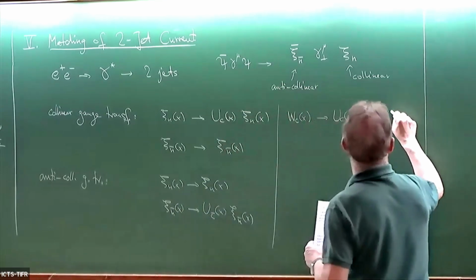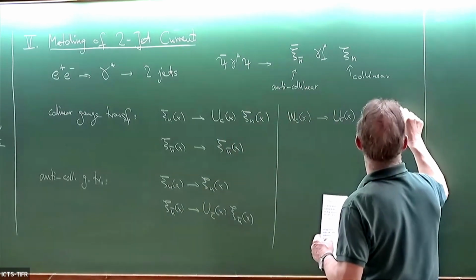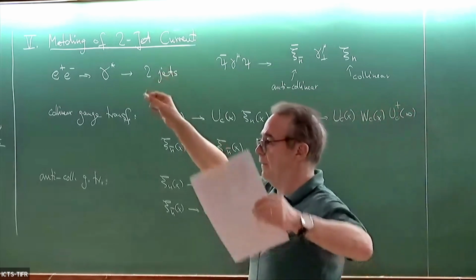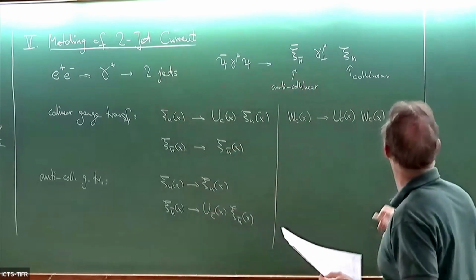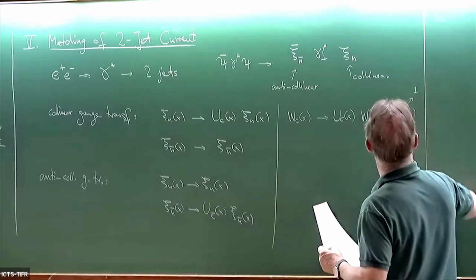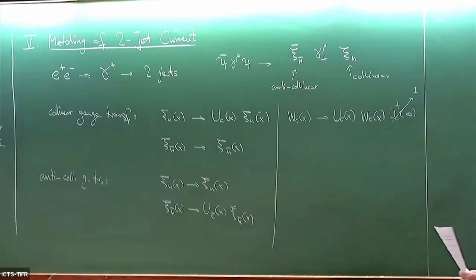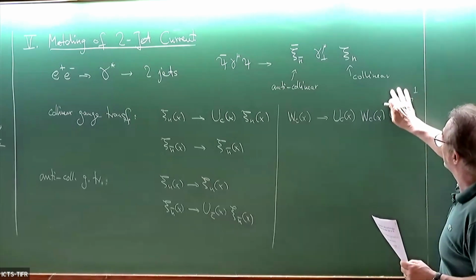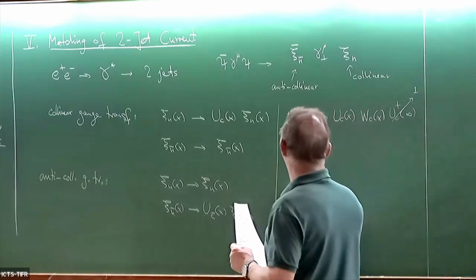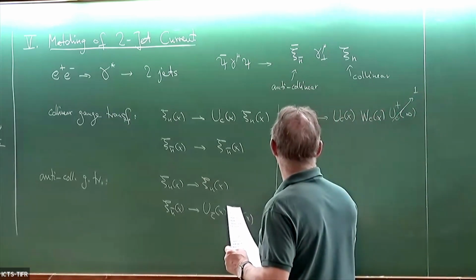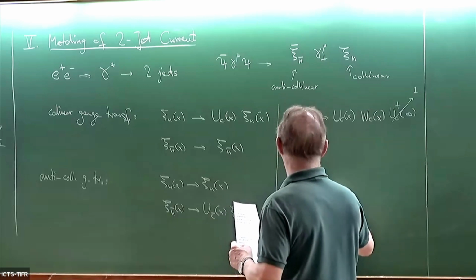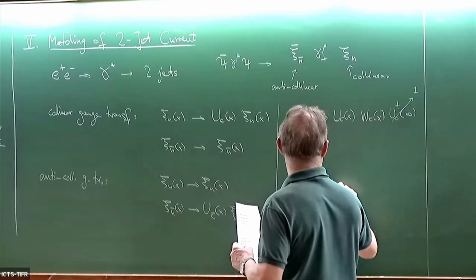Strictly speaking, there is another gauge transformation at infinity here. But if we agree that at infinity, at the end of the universe, all quantum fields vanish, then we can put this gauge transformation to 1, and then the collinear field and the collinear Wilson line transform in the same way, and the anticollinear Wilson line transforms under anticollinear gauge transformations.